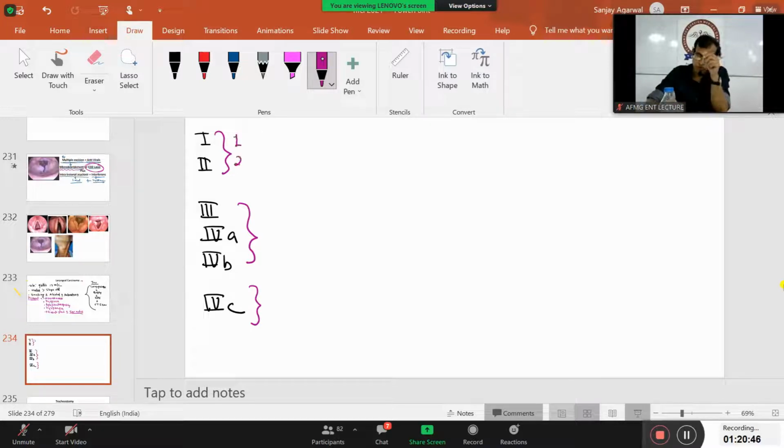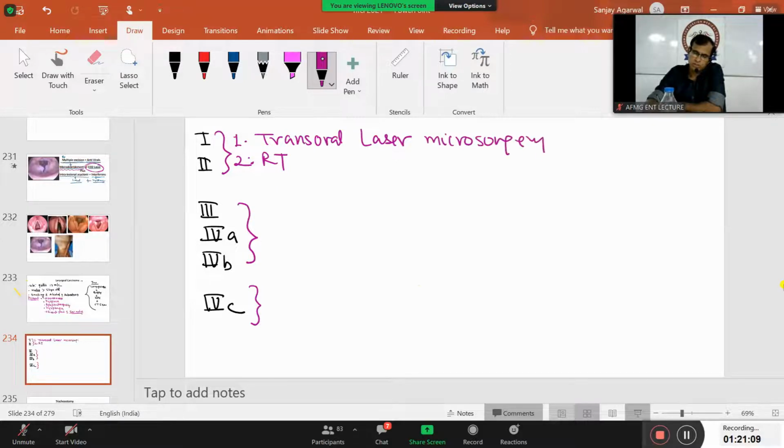Now in this tool, we have two options. If you read your books, radiotherapy is the best option. It was. It is not anymore. So what is the better option? The better option is transoral laser microsurgery, TLM.